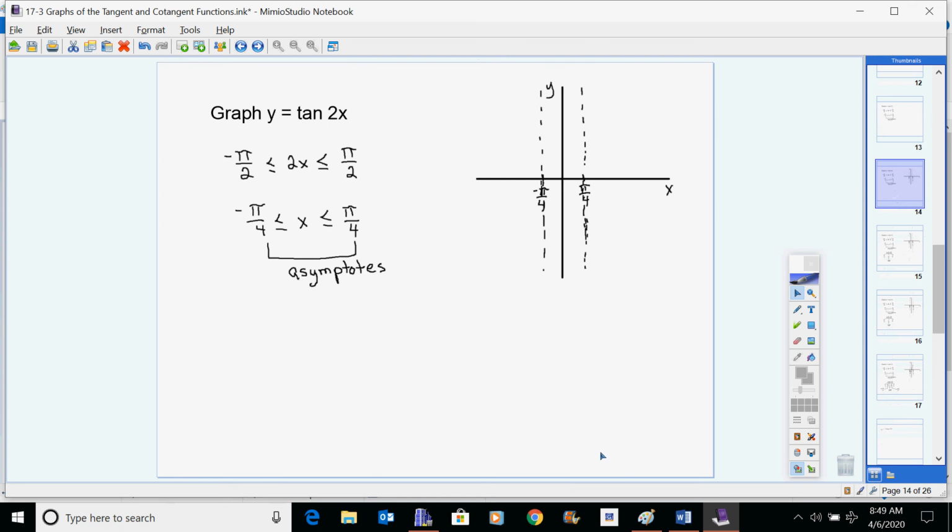Once you figure out where the asymptotes are, you have to figure out where 0 lives. Now this one's pretty obvious as far as where 0 lives, because it does show up just right on the axis, but you have to realize sometimes, especially if we have a plus or a minus out here that you're applying the tangent to, you could have it shifting right or left, so you really have to identify where that 0 is.